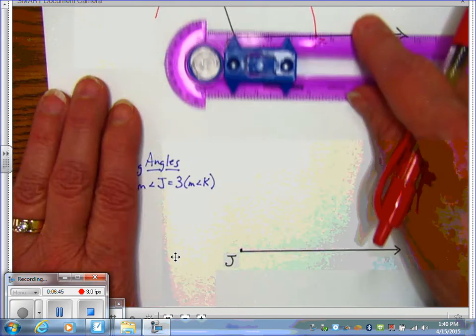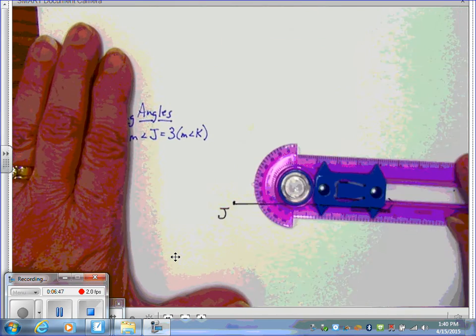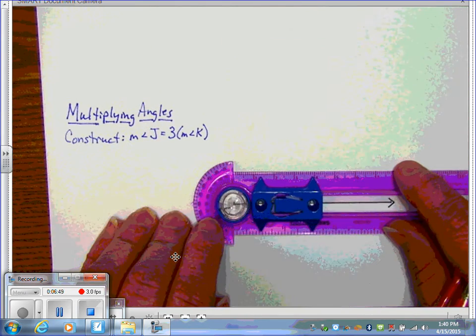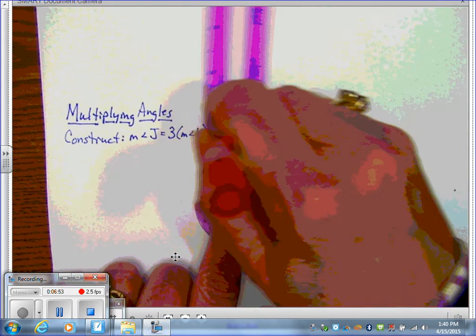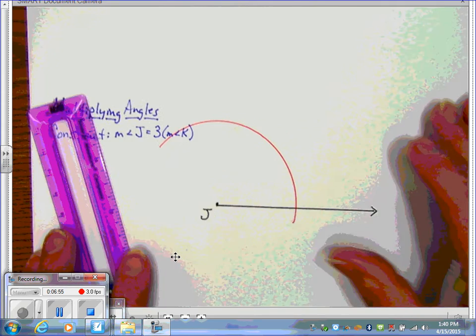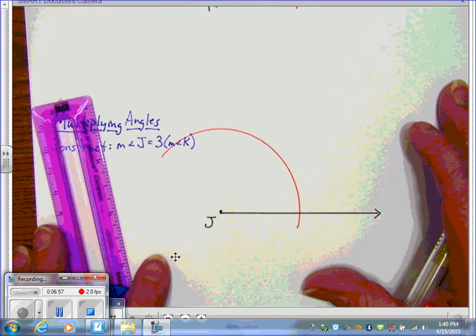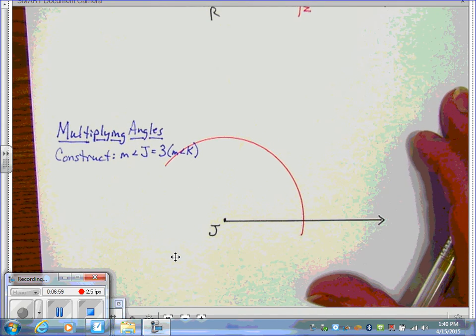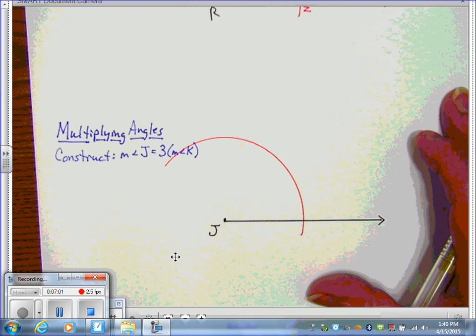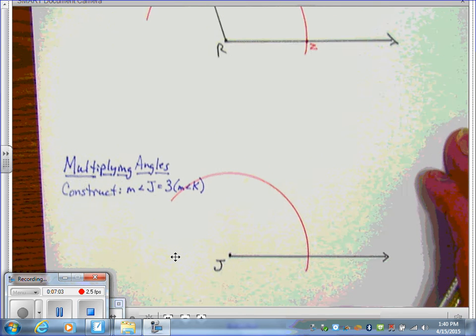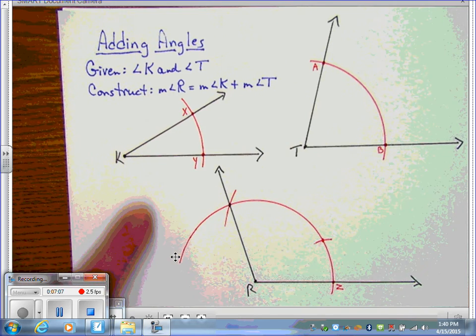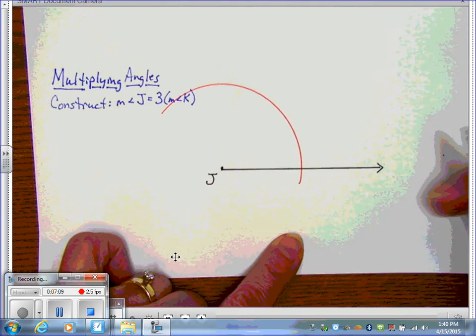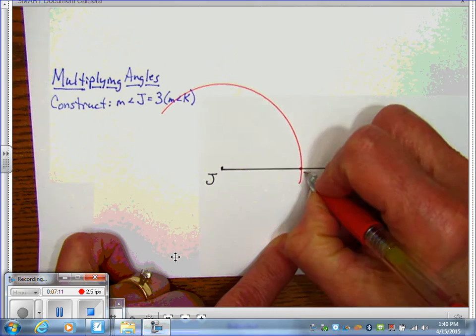And I'm going to bring that same arc down here to J. So I put my favorite arc on J. And I'll swing this on around into the obtuse because I don't know how large this will be. I got 3 of these to put on here. Okay. And just like in the last one, I've got X and Y at the top. I'm going to call this point Z.